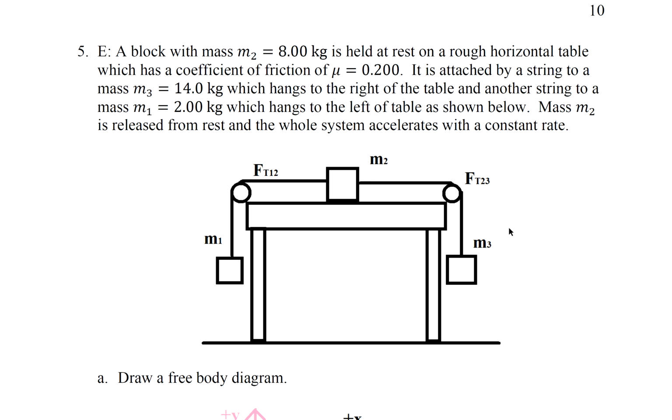Question 5. A block which has a mass m2 equals 8 kilograms is held at rest on a rough horizontal table, which has a coefficient of friction of mu equals 0.2.